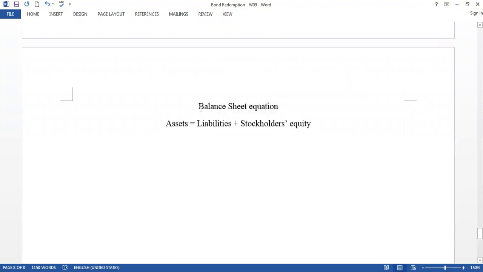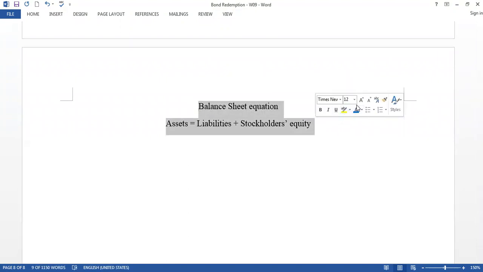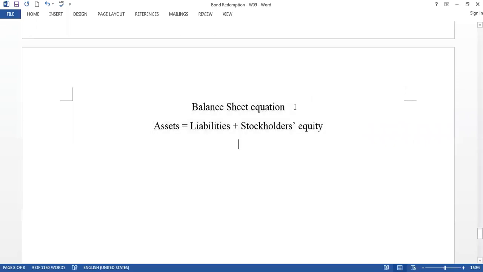This is the balance sheet equation. As a business student, you must know this.